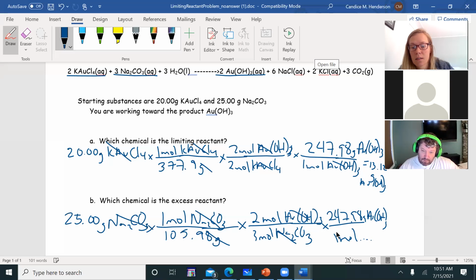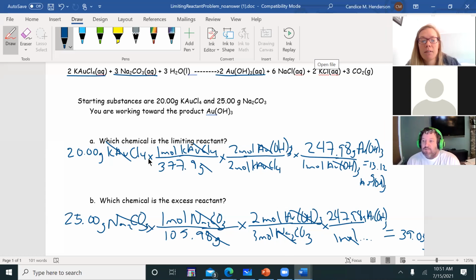Cancels all the way down, and we get 25 times the 2 times the 247.98 divided by 105.9 divided by 3. We get 39.03 grams.